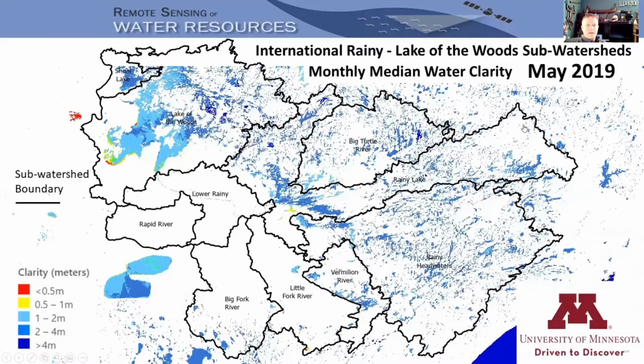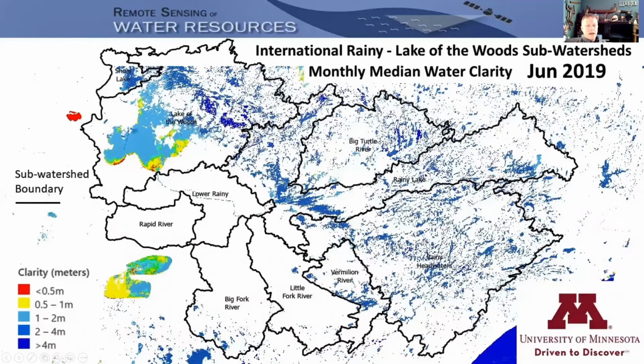And here's the International Rainy River, Lake of the Woods watershed up on the Canadian border, the Minnesota Canadian border. And you can see a fairly pristine area, so there's not a lot going on for water quality, but this is 2019. I'm just going to show you some examples.